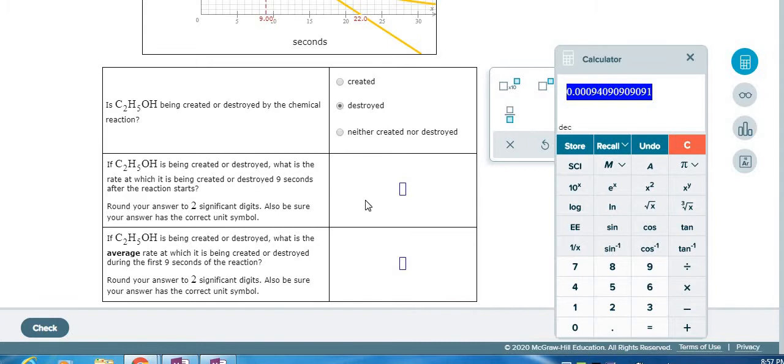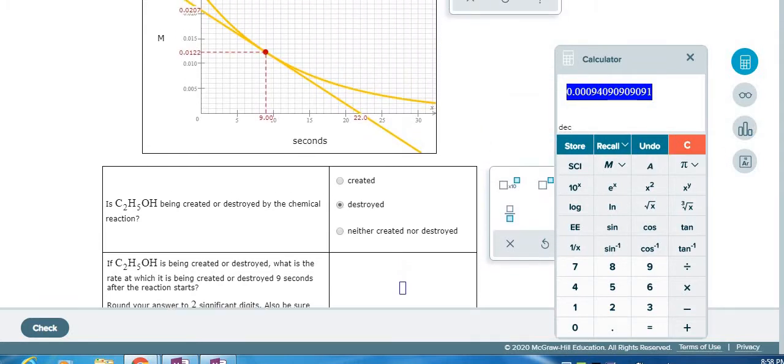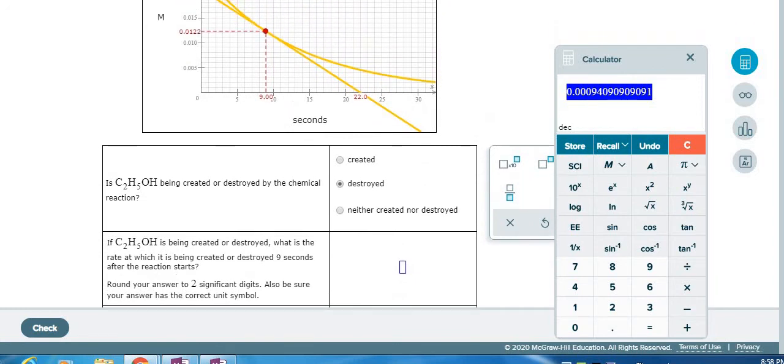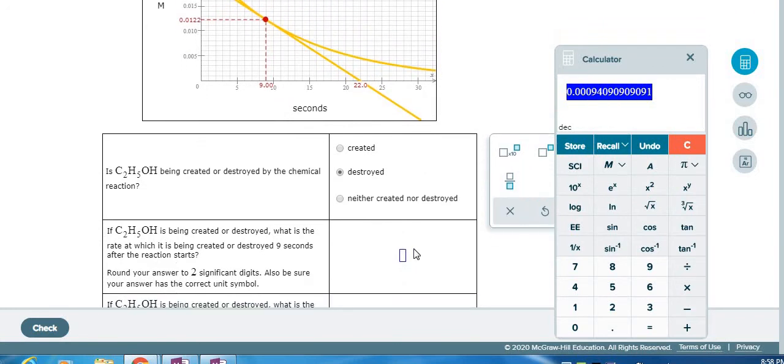That is going to be in molarity per second. So that is 9.4 times 10 to the negative fourth, and my units are going to be molarity per second. Alright, so I should be good to go right there.